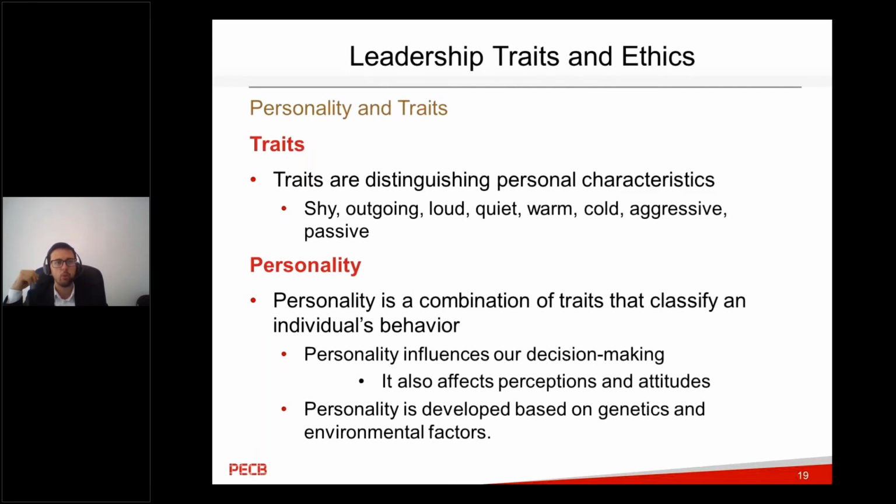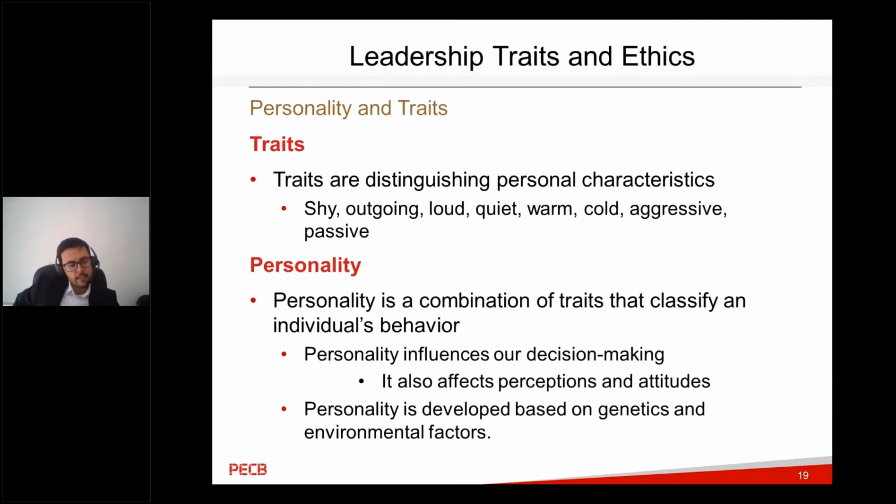So when we try to bring this together, we understand that personality is in fact a combination of these traits that we mentioned earlier, and usually personality is what we have when we want to classify an individual's behavior.